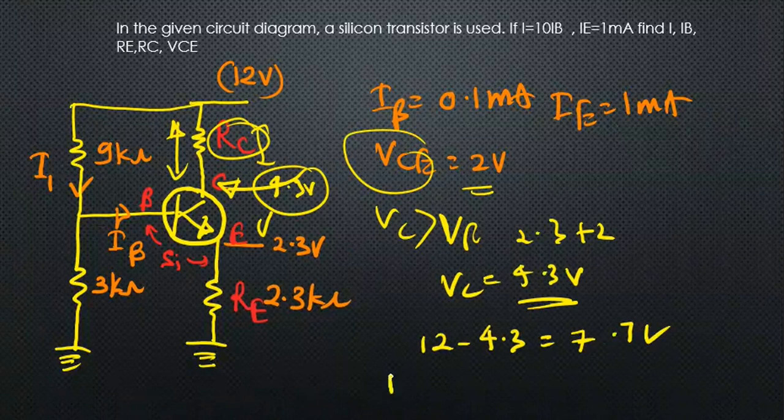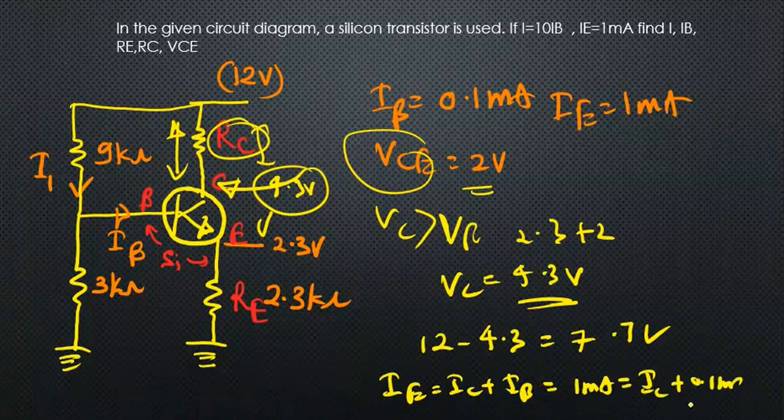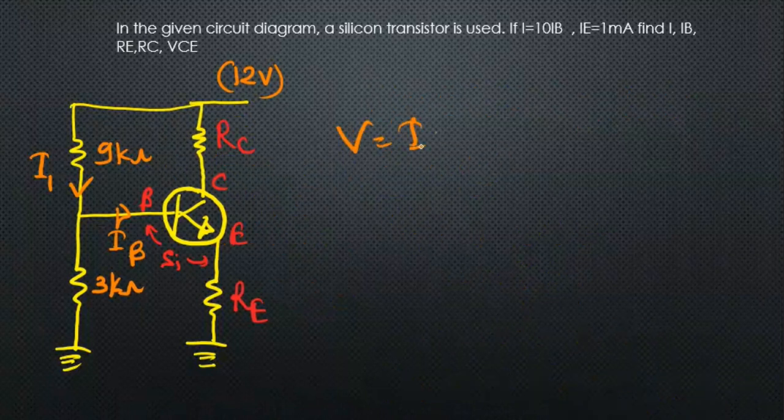Then we know IE equals IC plus IB. Here IE equals 1 milliampere and IB is 0.1 milliampere. So you get IC equals 0.9 milliampere. Now we apply V equals IR for this RC resistor.